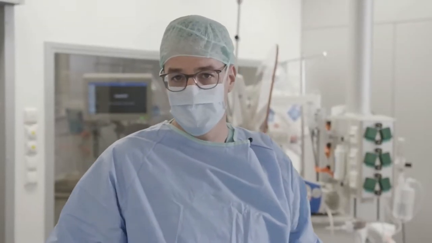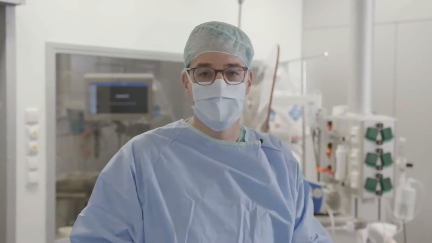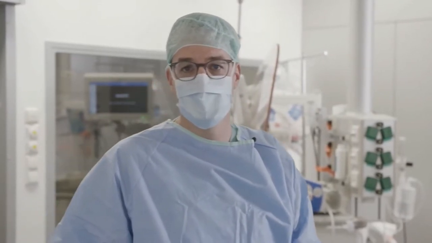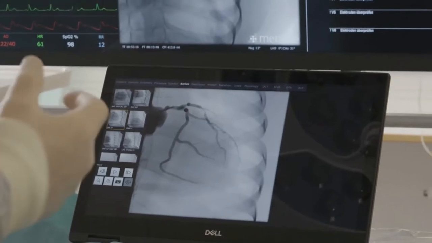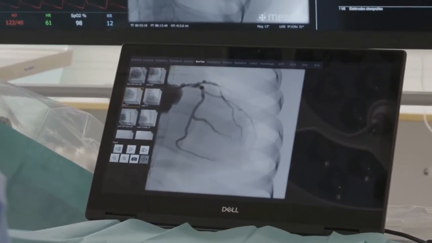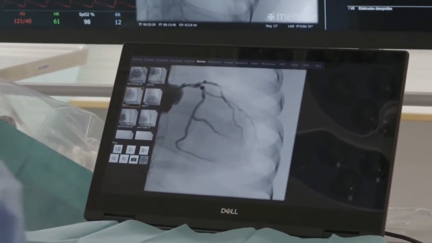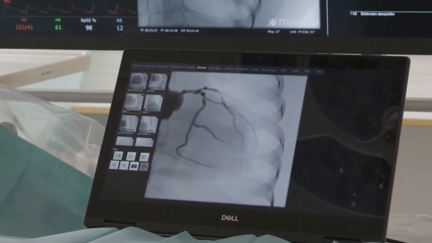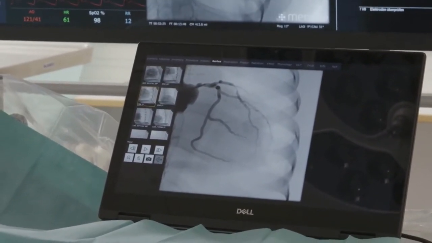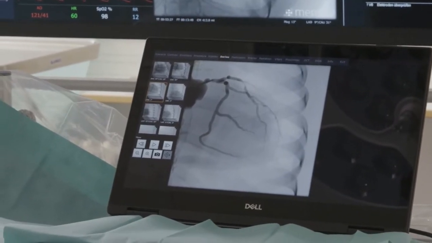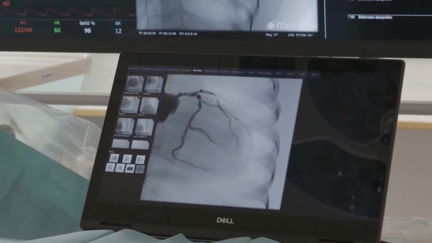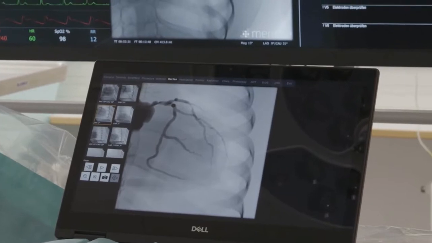If you go to the left coronary system, you may appreciate that there is a left main disease, which is around 50%. Of course, we also have this proximal LAD stenosis, which seems to be hemodynamically relevant, and we have the intermediate stenosis in the mid to distal part of the LAD.